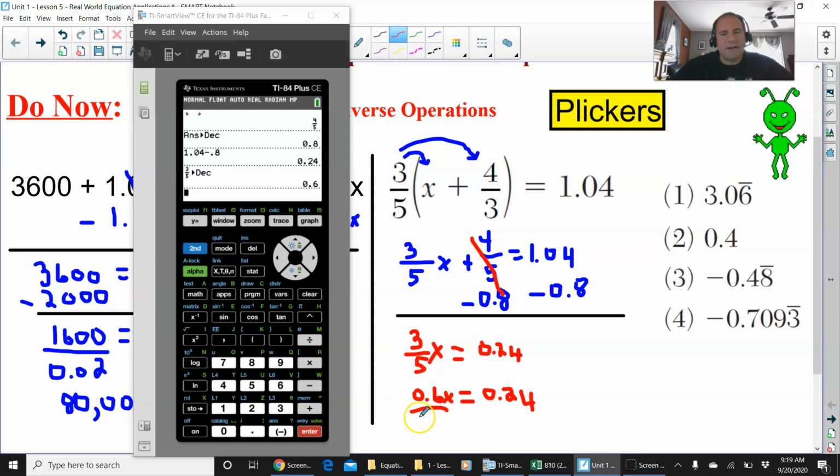Then instead of dividing or multiplying by the reciprocal, you're dividing by just that simple decimal 0.6. This is x, and I am just going to go ahead and use my calculator every single time. You're going to use your calculator 0.24 divided by 0.6, and you get your answer. It is 0.4. And that is a Regents question, 0.4.